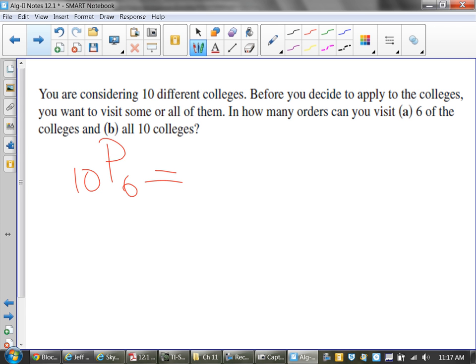There's a lot of different ways to choose which order to go see them in.